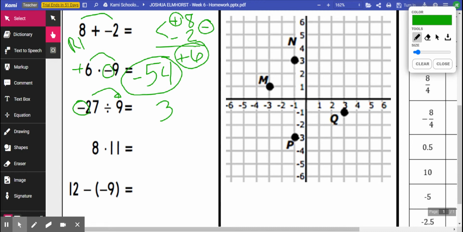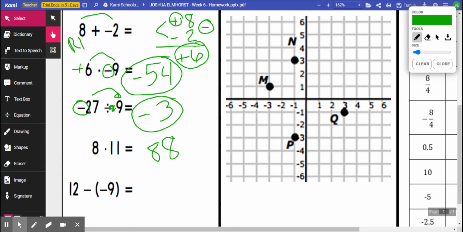And you have 27 divided into groups of 9. You got 3 groups, but they're negative, so you have negative 3. If there was another negative over here, then that would switch it to positive, but that was not the case. And 8 times 11, no tricks here, 88.